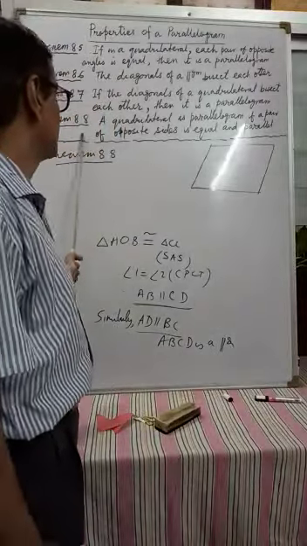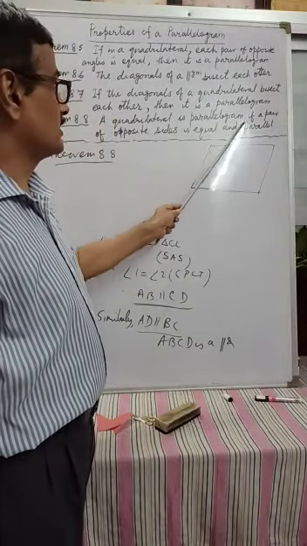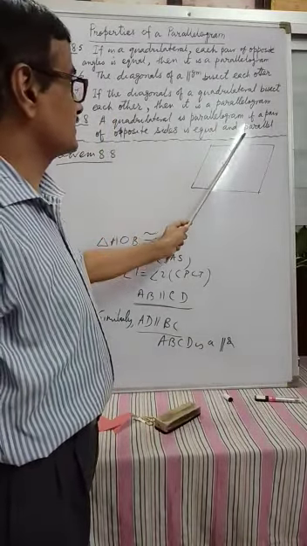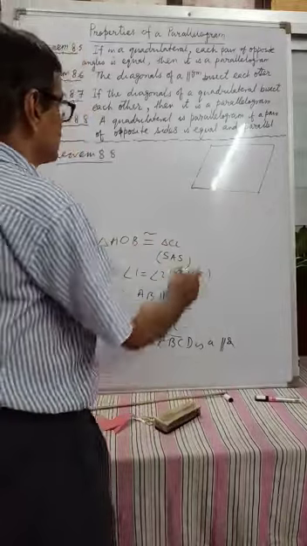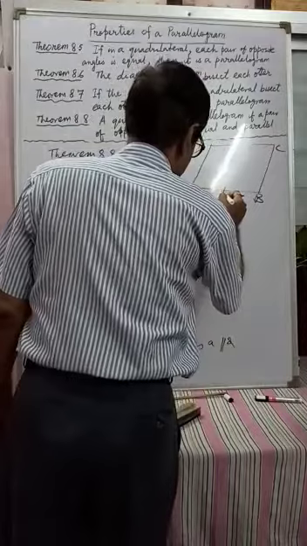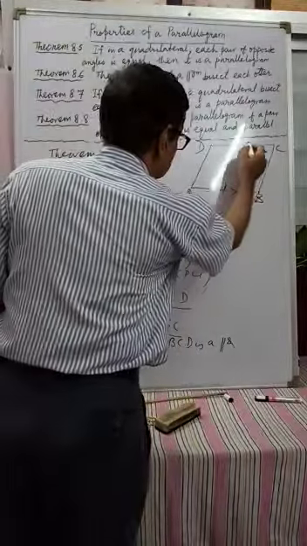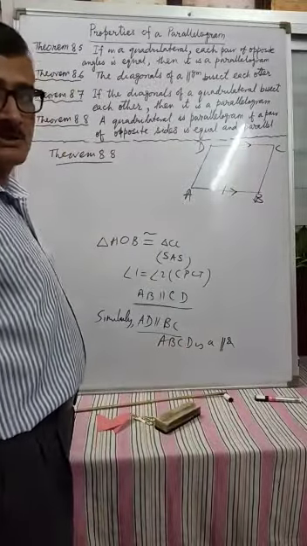So in this theorem, a quadrilateral is a parallelogram if a pair of opposite sides is equal and parallel. Suppose this is a quadrilateral ABCD. What is given? AB and DC are equal and parallel also. Now we have to prove that this quadrilateral is a parallelogram.